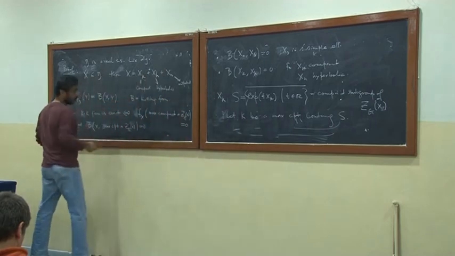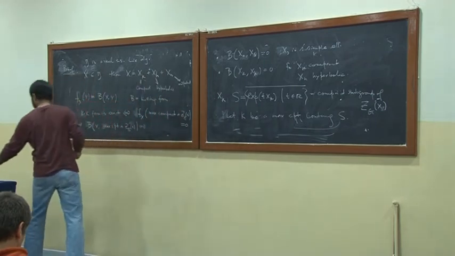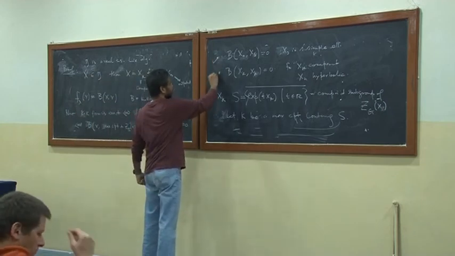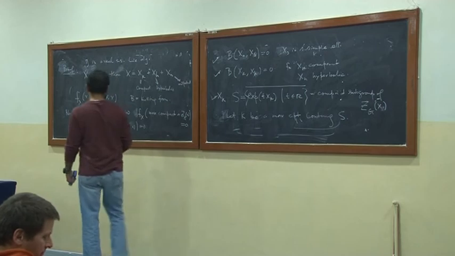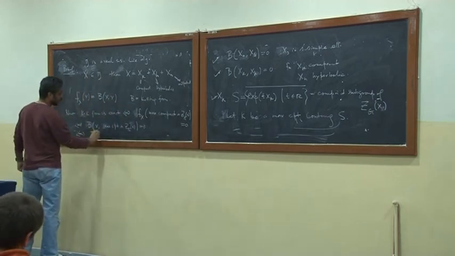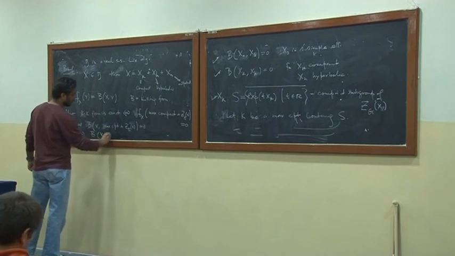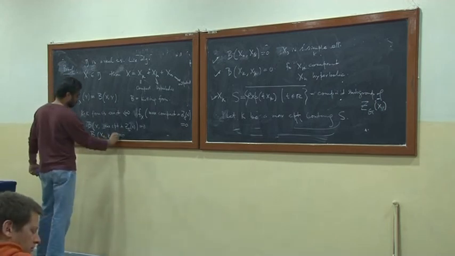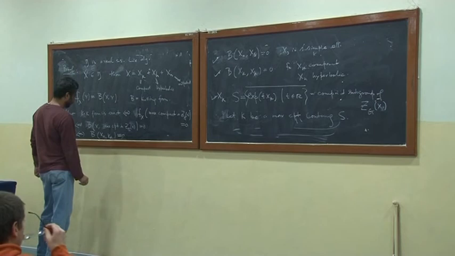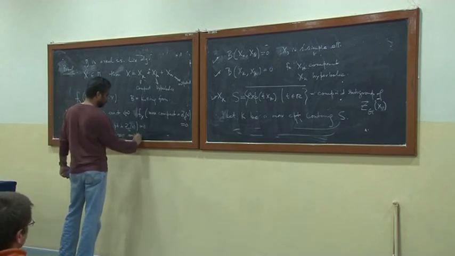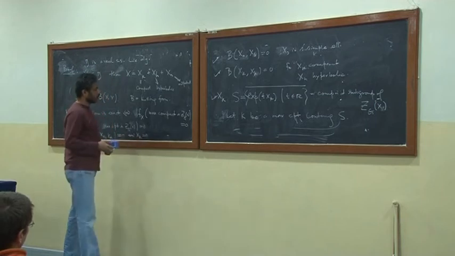Then this condition is equivalent to saying that B of x_k is, which is the same as saying this.